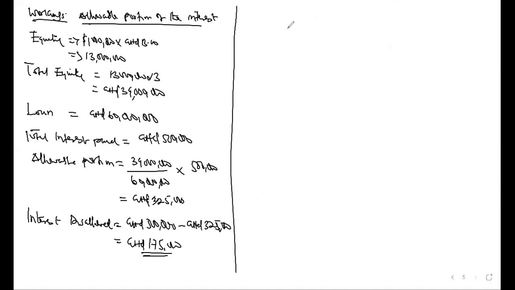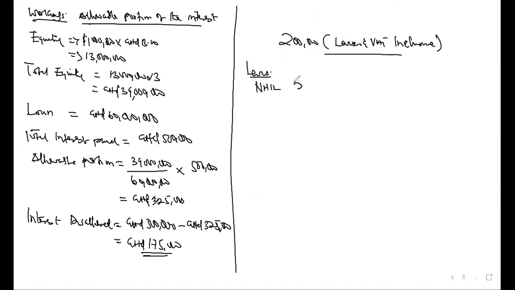So let's say they give you 200,000 as the levies and VAT inclusive amount. I want to know how much I am paying as the levies. So for the levies, we have the National Health Insurance levy. The rate is 2.5%. You have the GETFund levy.